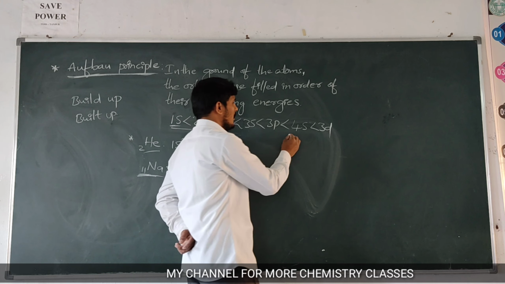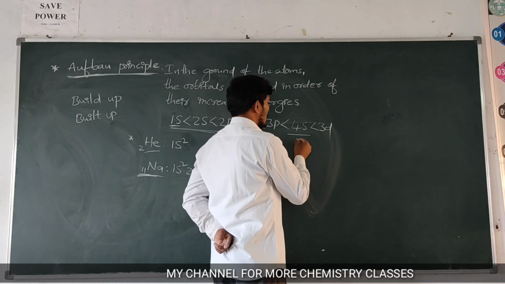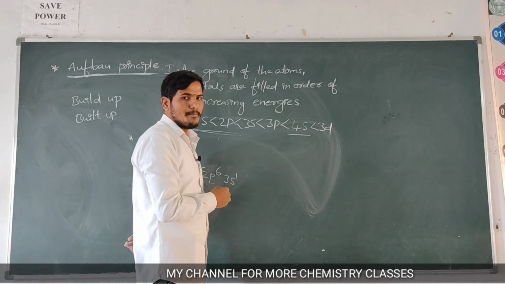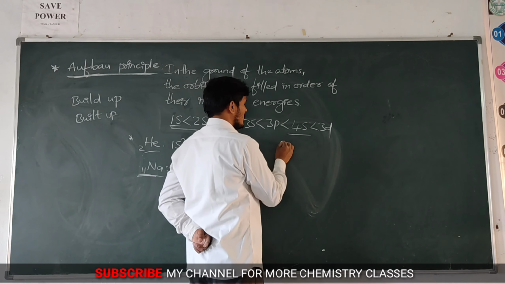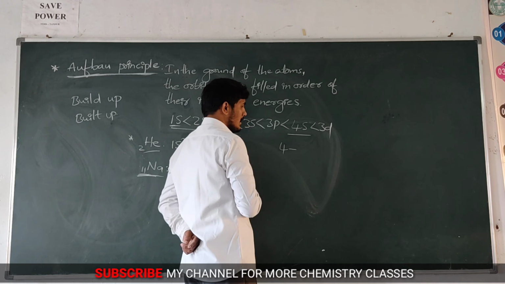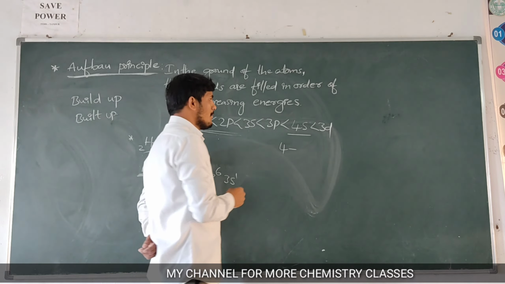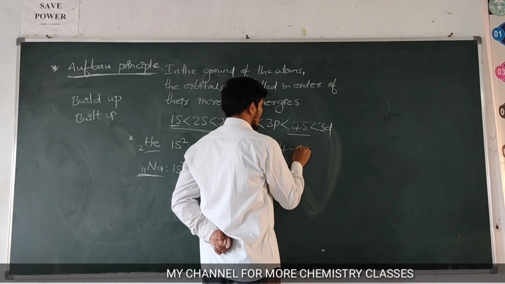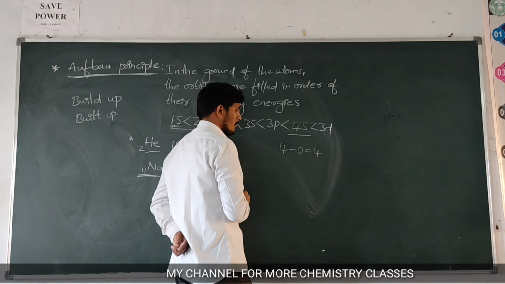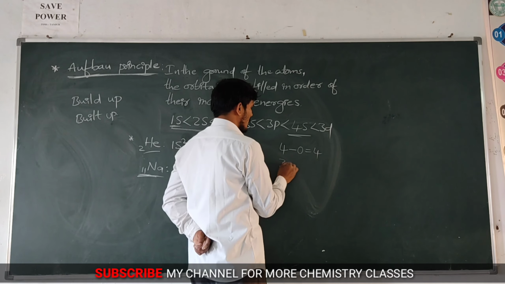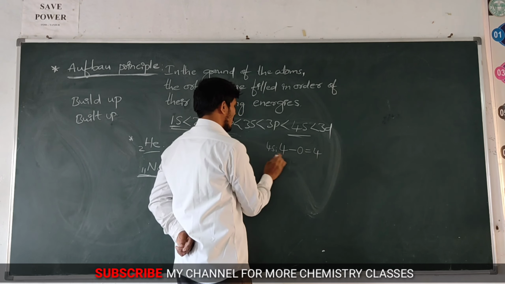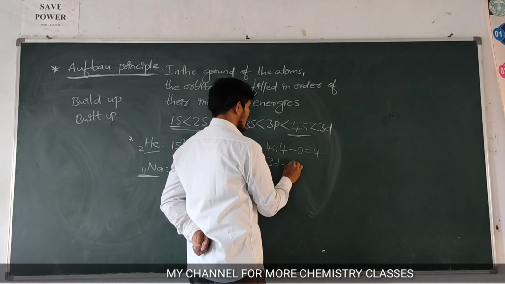Here, why does 4s come before 3d? Because when we calculate the n plus l values of these two orbitals: what is the main shell value? 4. What is the s value? In n plus l, it will be 0. So 4s has a total value of 4. When we write 3d, 3 is the main shell.